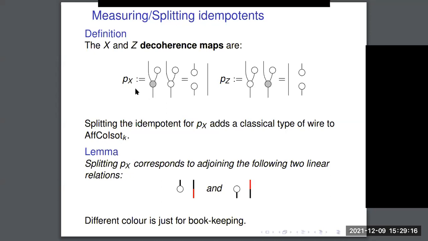What happens when you split the decoherence map is it's the same as looking at the category of affine coisotropic relations, and then you add two extra relations. One that just inserts the plus state on the one wire, and the other one that just post-selects for the plus state on the other wire.